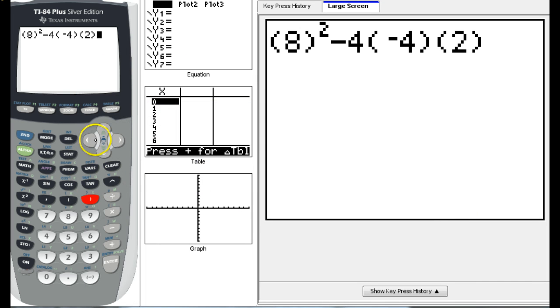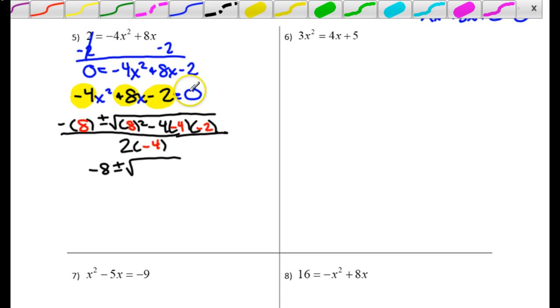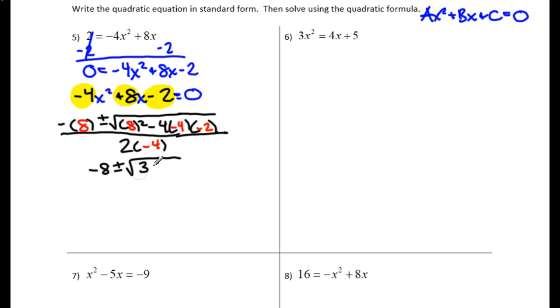Whoops, negative 2. Okay, so all that inside there is going to equal 32. So the top is negative 8 plus or minus the square root of 32, over 2 times negative 4, which is negative 8.